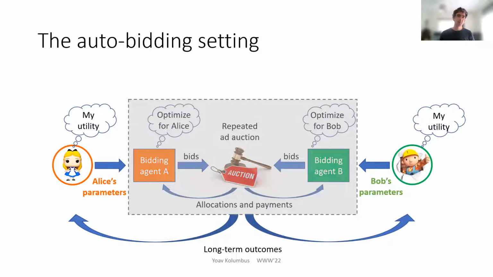So what happens in this gray box here is in fact that every agent is running some learning algorithm that aims to optimize the utility for its user. But it optimizes according to the parameters that were reported by the user.